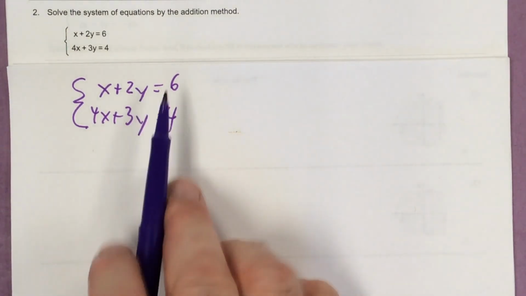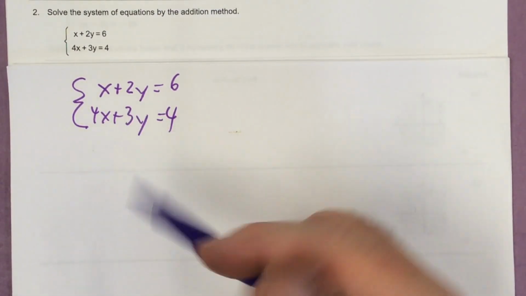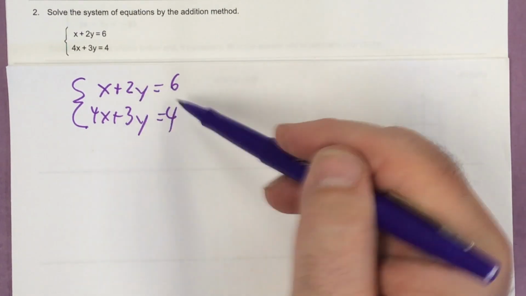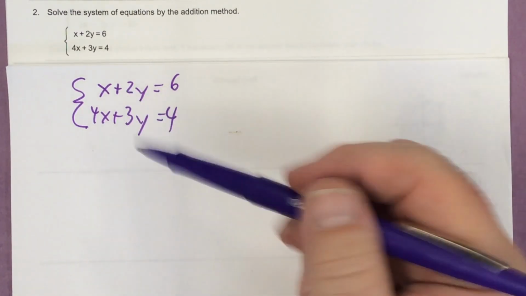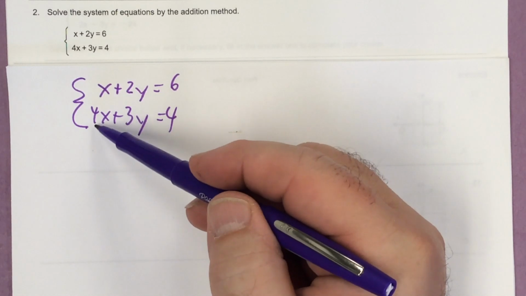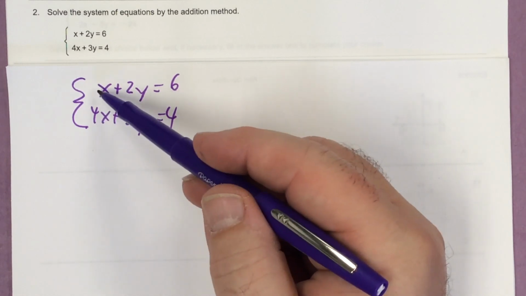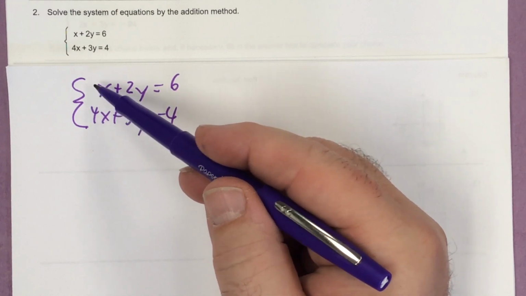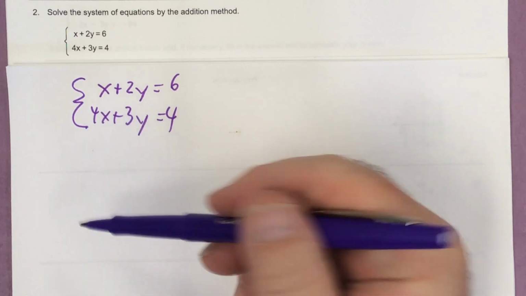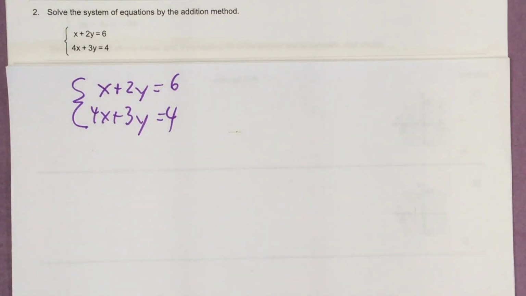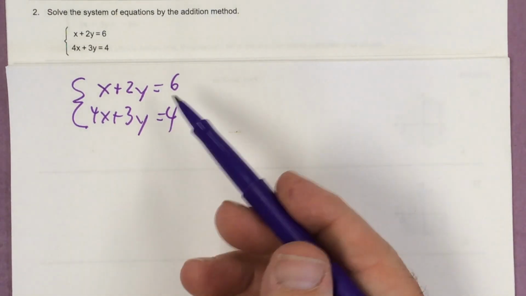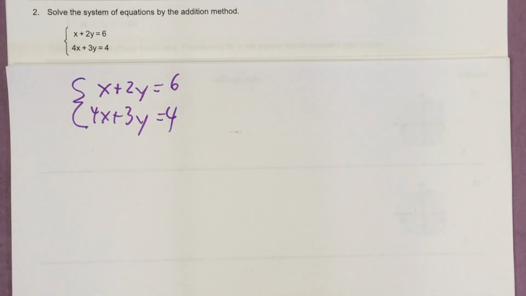Because we have a +4 here, the easiest thing to do is to see if we can get a -4 next to the x, so that when they add together, the x disappears. So what can we multiply 1 by to get -4? That's simply going to be -4.